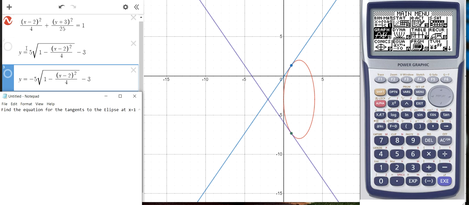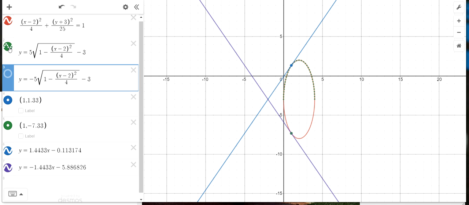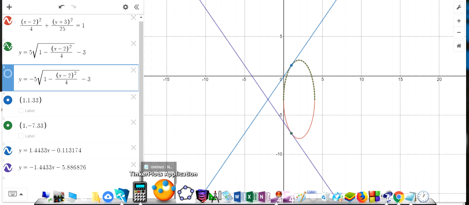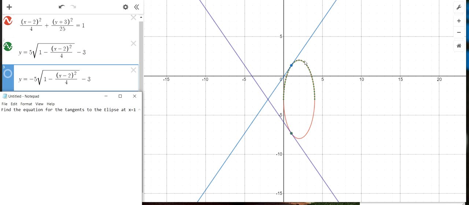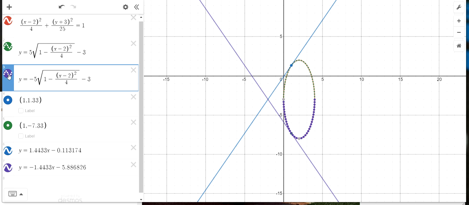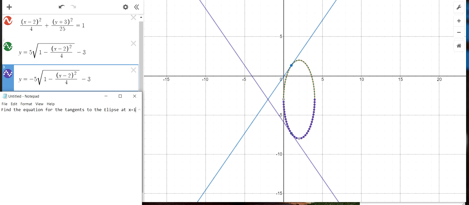As you can see, we've got two values for y. One is the top one, the green dots, and the other one is the purple dots. Yes, one is positive, one is negative.